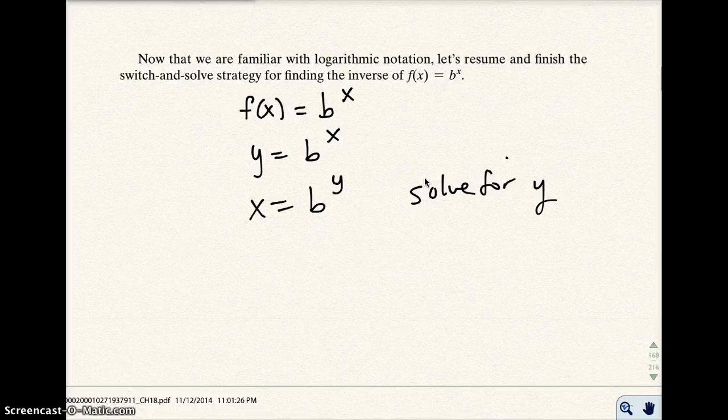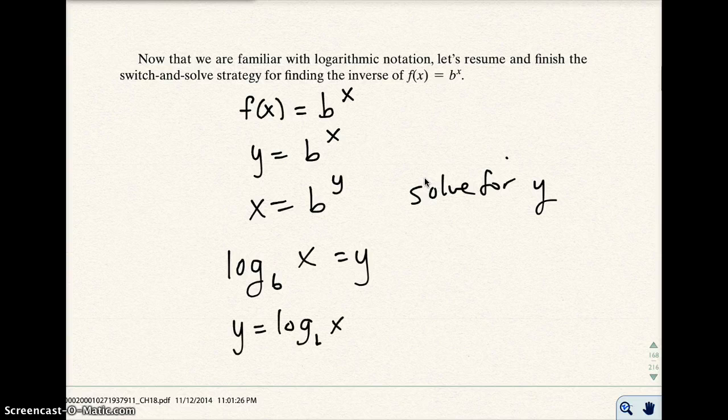So to undo this exponential, we're going to go ahead and write log, the base is b, the exponent is y, so it's going to equal y, and then you have x here. I get y equals log base b of x, and the inverse function is going to be f inverse, the notation we used in the last chapter, of x equals log base b of x.